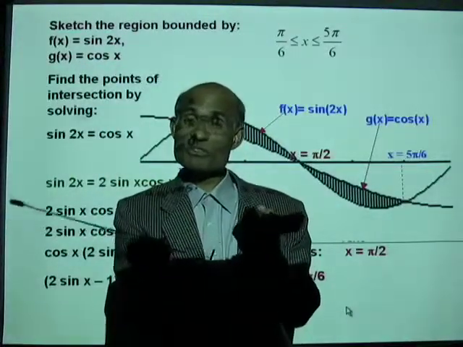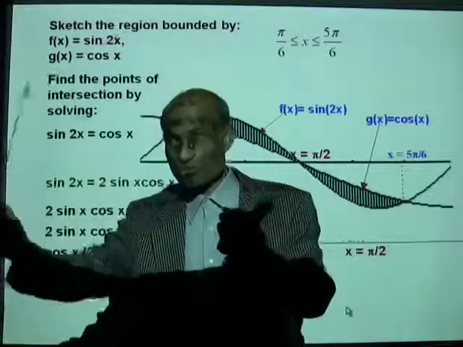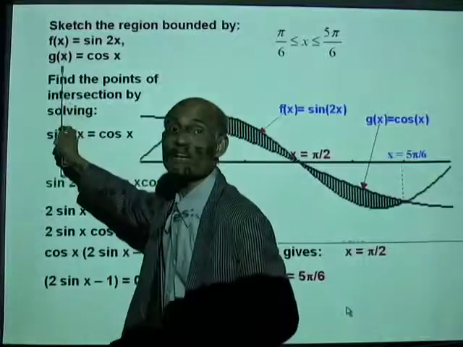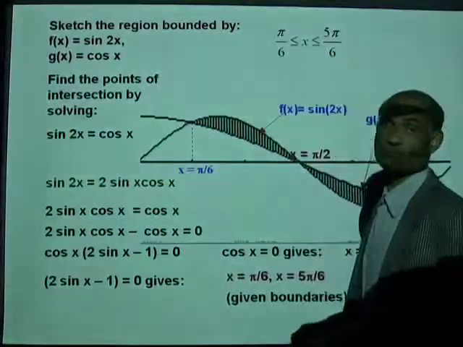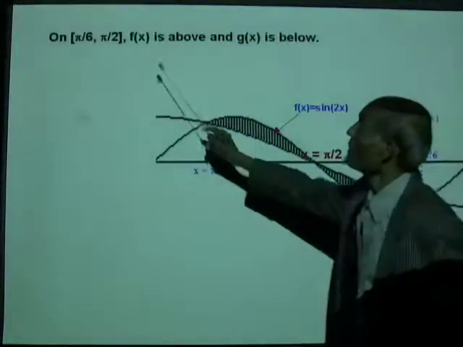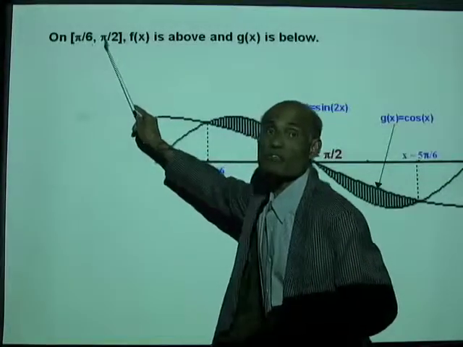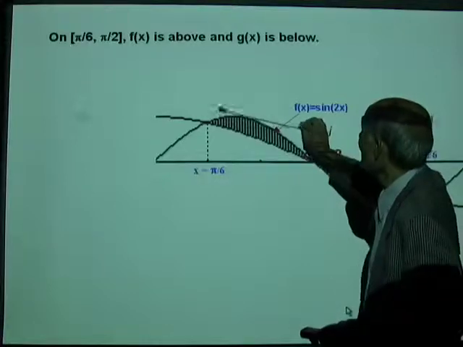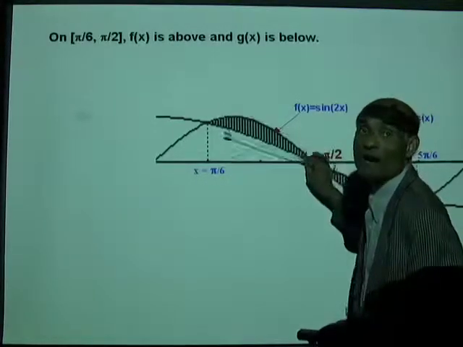Don't confuse it with functions of y as the right function minus the left function. Here we have the functions of x. So, on pi by 6 to pi by 2, if you take this boundary, f of x is above g of x.